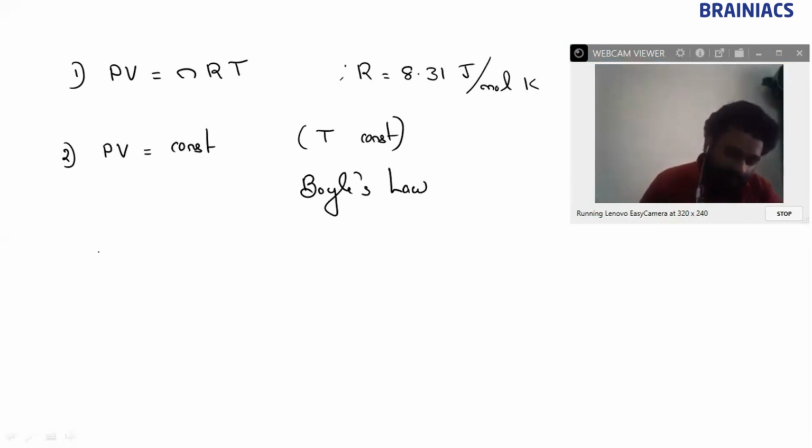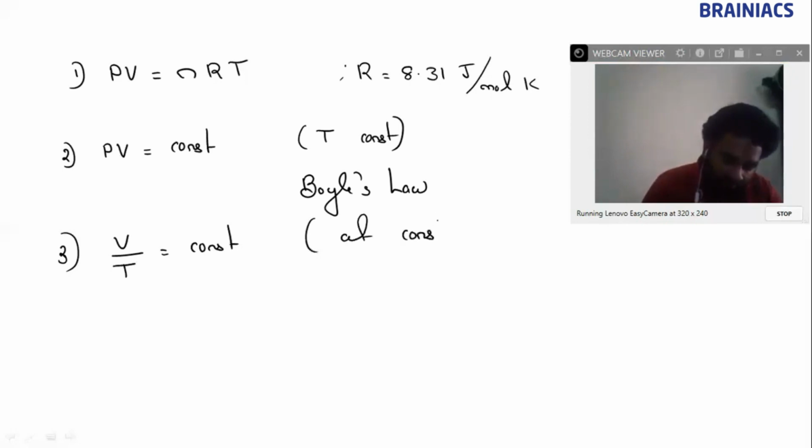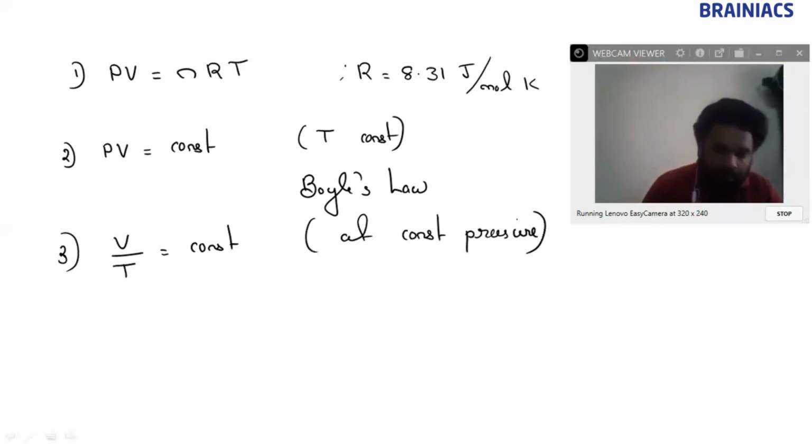The next one is V by T equal to constant. This is at a constant pressure: if we vary volume at a constant pressure, volume is proportional to temperature. This is called Charles law.